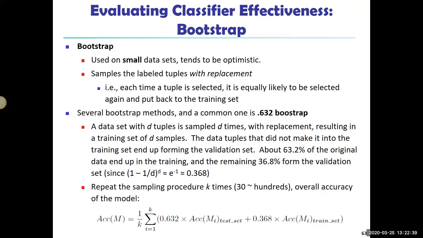The third method, bootstrap, is used most often on smaller data sets. The results from bootstrap tend to be optimistic, so the estimated performance is better than the true performance. But for small data sets, this is one possible way of doing it. The idea is to repeatedly sample with replacement so that you can generate hundreds of runs.